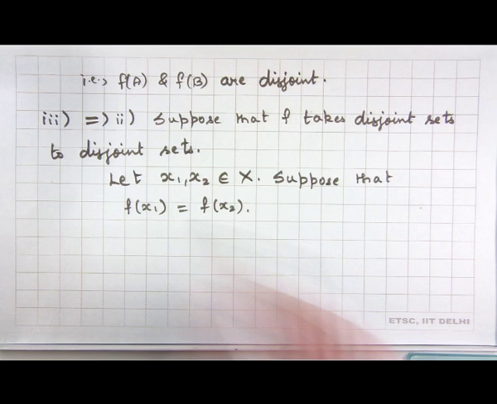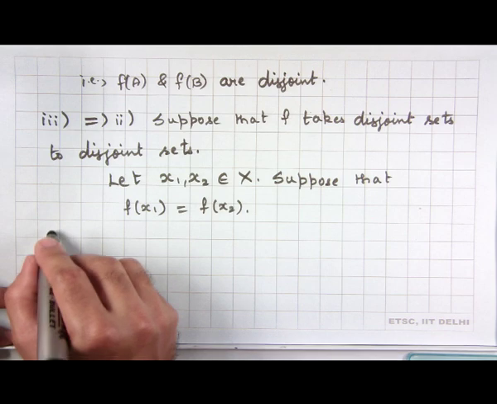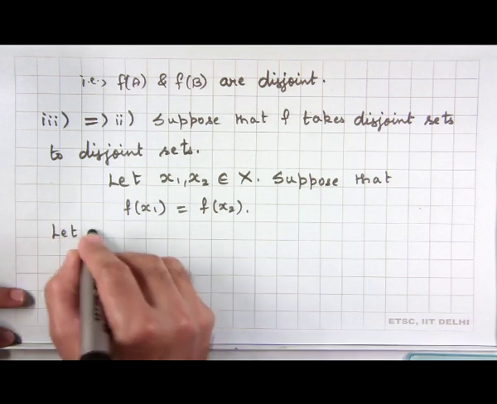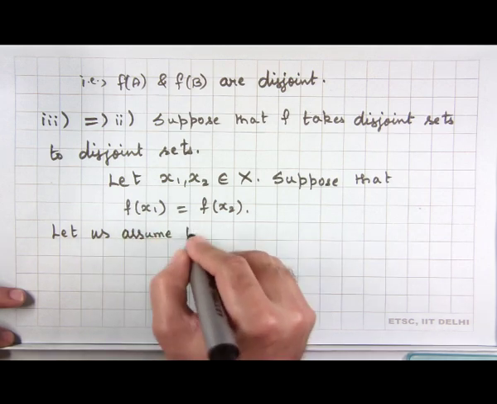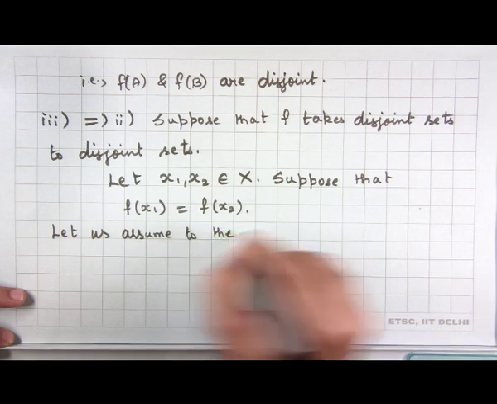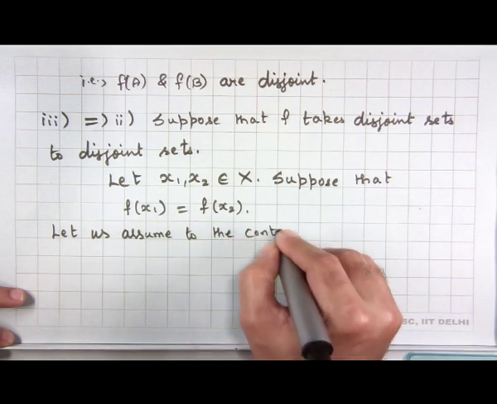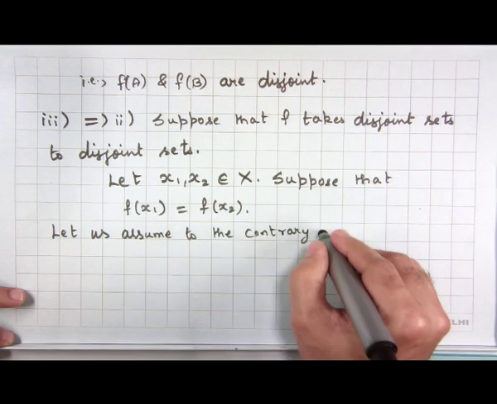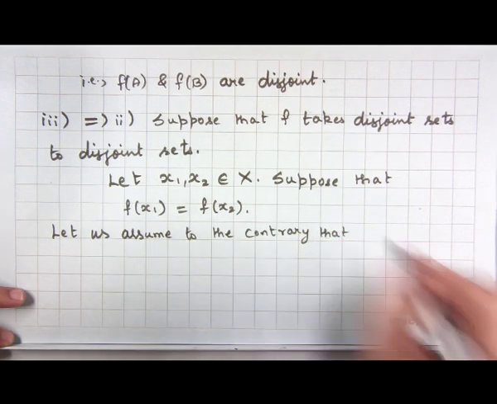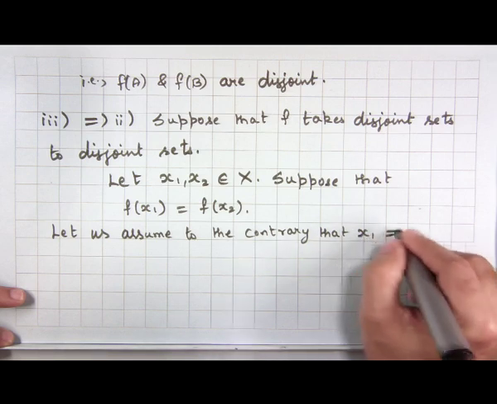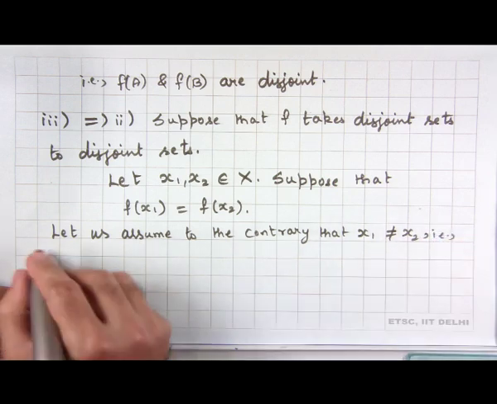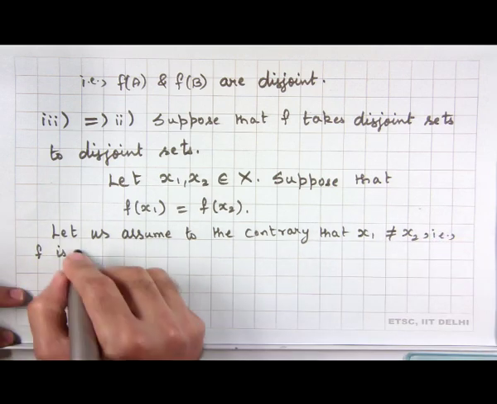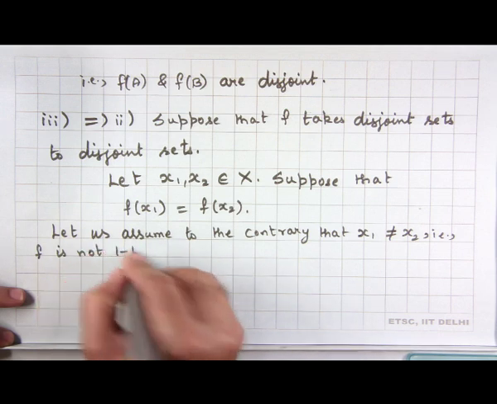Now, suppose that you have f of x1 equal to f of x2. Let us assume to the contrary that x1 is not equal to x2, that is, f is not 1-1.